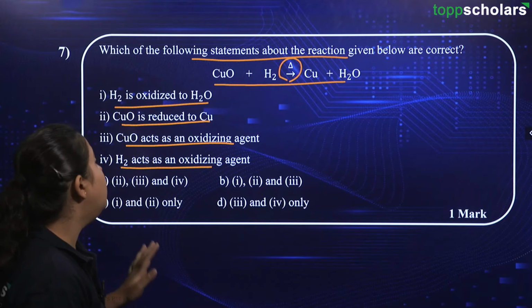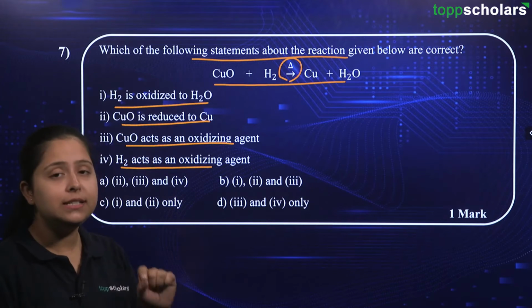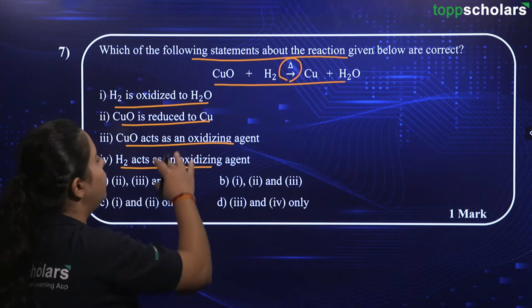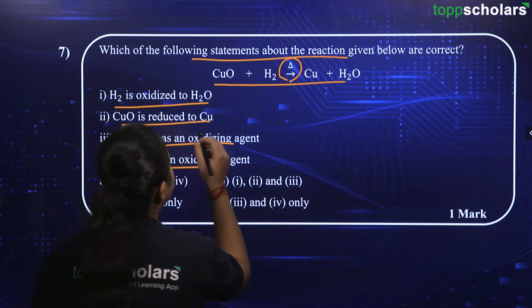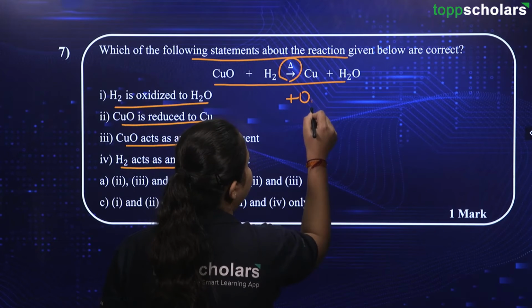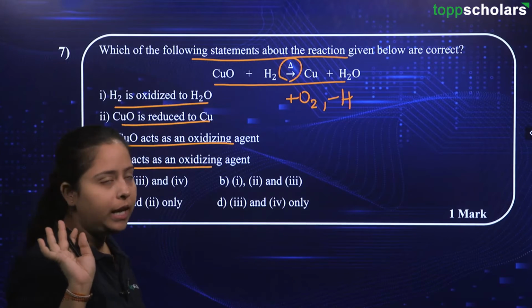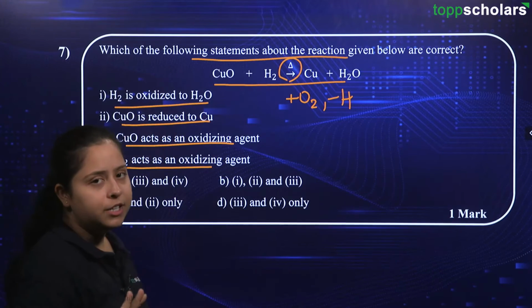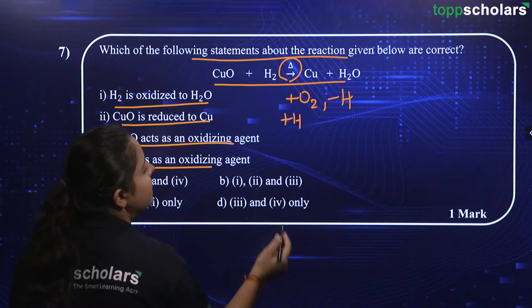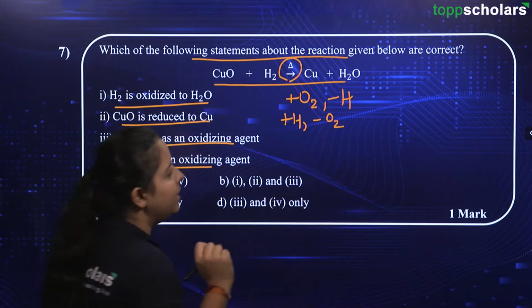Now, first of all, starting with this type of question, you just need to remember what is reduction and what is oxidation. Whenever we are saying that oxidation is happening, that means oxygen is being added or hydrogen is being eliminated. Okay. Just opposite is reduction. So, in reduction, we will say that hydrogen is added or oxygen has been eliminated.